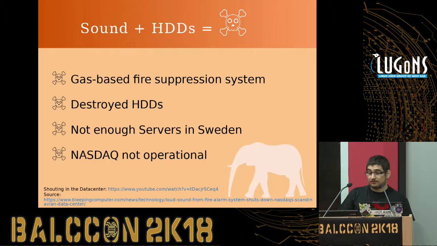And so Nasdaq was not operational there. So it affected markets including Sweden, Finland, Denmark, Iceland, and the 3 Baltic states. So as said, there are not enough servers in Sweden. They had to import servers from other countries. And it was for 5 hours not operational, the whole data center.